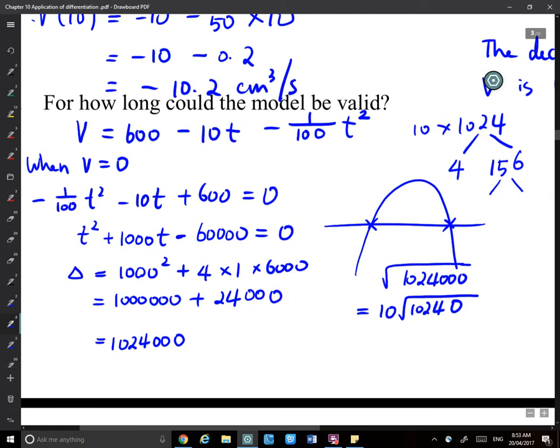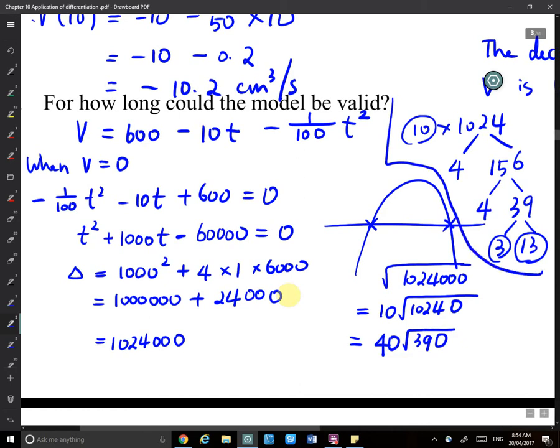So I can divide by 4 here, then it's 3 times 13, and I can't do anything to that. I have 2 fours, so I can take another 4 out. That gives me 40 square root of 390. That's the discriminant.